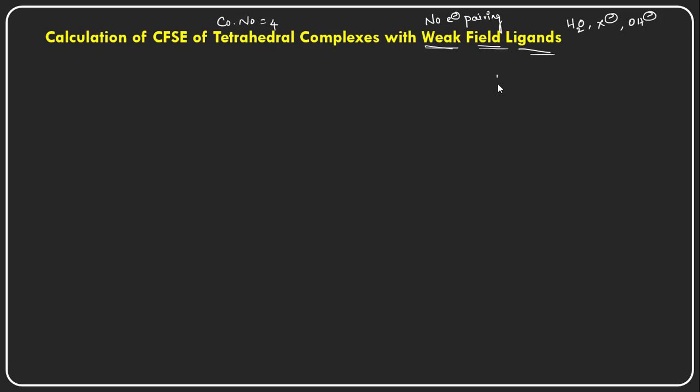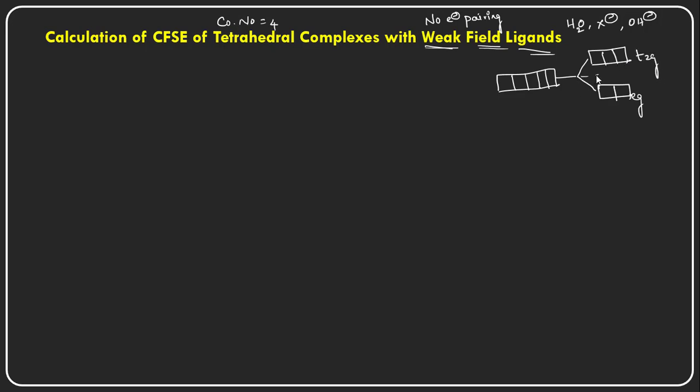So what crystal field splitting takes place in the tetrahedral complexes, as I discussed just now. These are the 5d orbitals of the central metal cation, and the Eg orbitals acquire less energy than the T2g orbitals here, right?